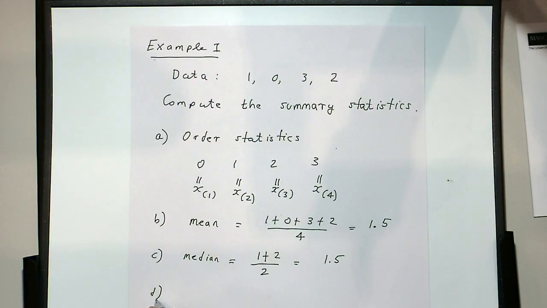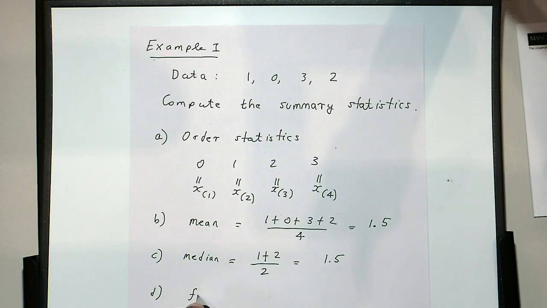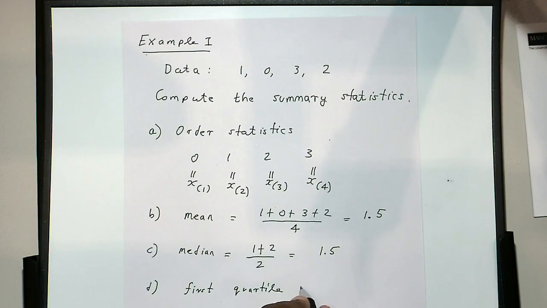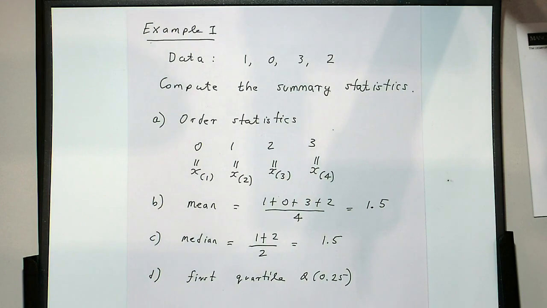Next, we want to find the first quartile. To find the first quartile, remember, is Q at 0.25. That's the first quartile, right? So to find that, you need to first find R prime.